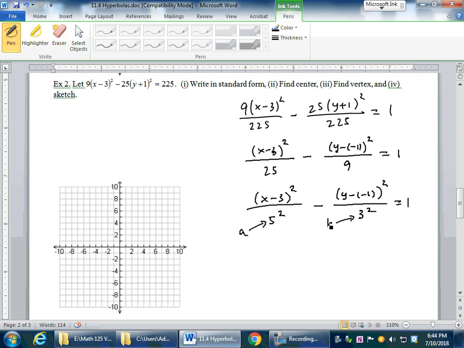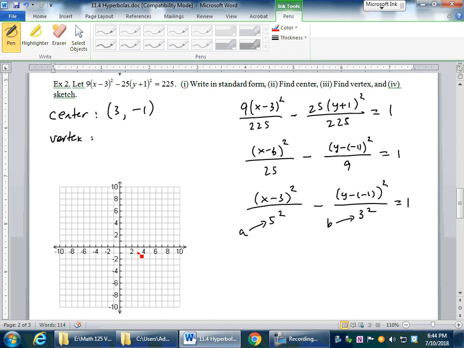So from here, we know that our center will be 3 and negative 1. For the vertex, we're going to graph it first and then talk about the vertex later on. Okay. So plotting the center first, 3, negative 1 is right here. And from this point, you're going to count your a and b.